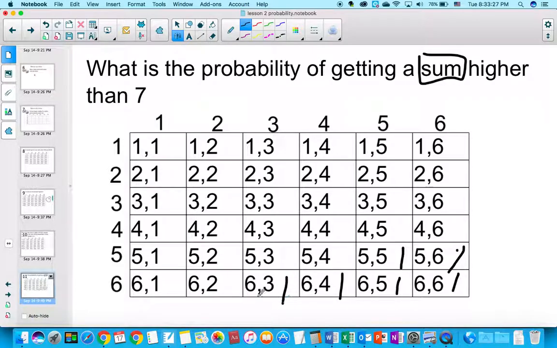And as you go, you can see that the numbers are being filled in as we look through our table, right? We look at our table and we go, okay, which outcomes fit in our results? And we just sort of highlight or mark which outcomes meet our question or what we want.